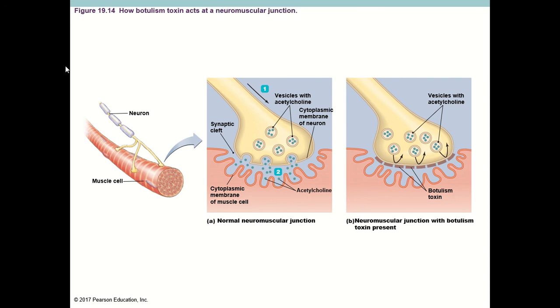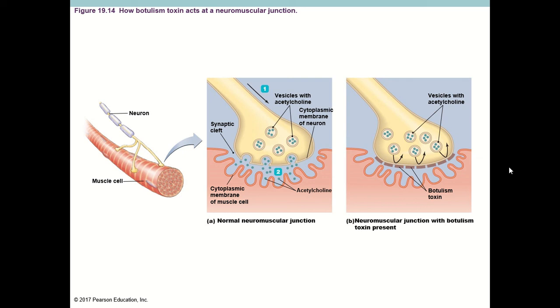So in normal muscle contraction, what happens here is that at the end of the neuron, keep in mind this neuron comes from the spinal cord, and then it's indirectly connected to neurons of the cerebellum, which are in charge of skeletal muscle contraction.